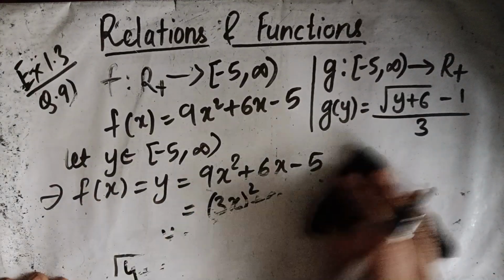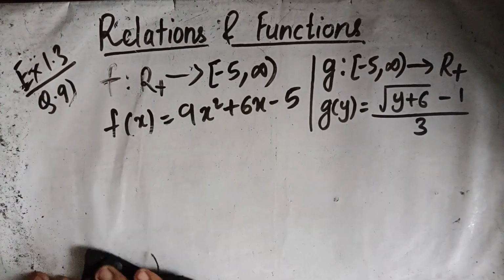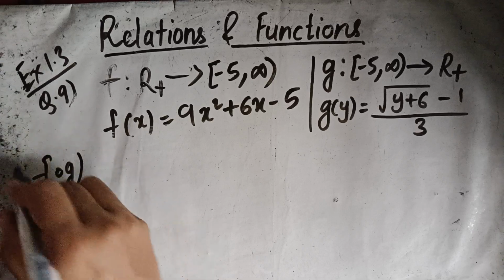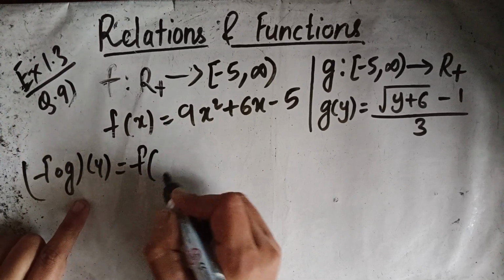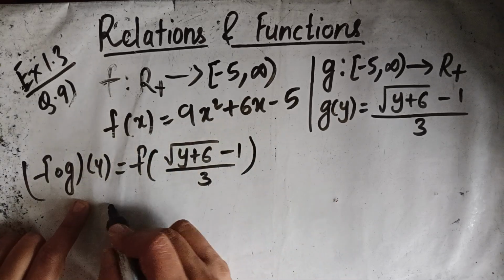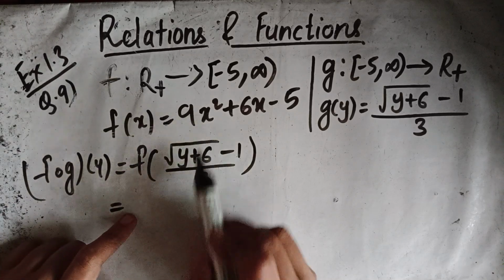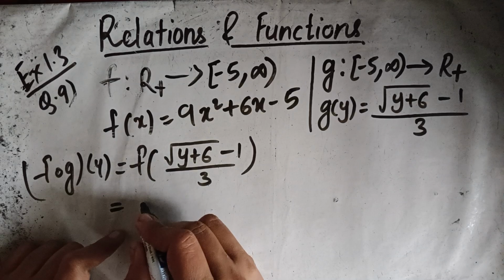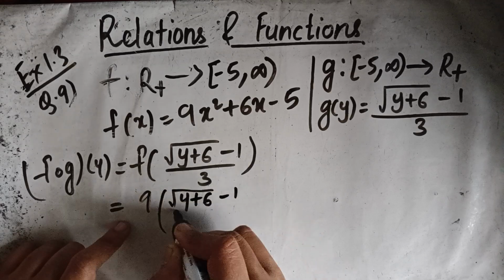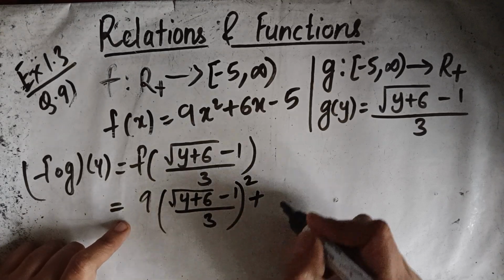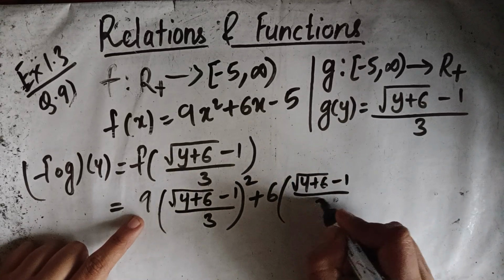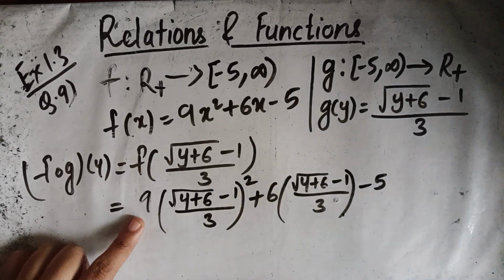Now we have to compute f composite g and g composite f. So f composite g of y is f of g of y. So put here in place of x this expression: 9 times the whole square plus 6 into root of y plus 6 minus 1 upon 3, minus 5.